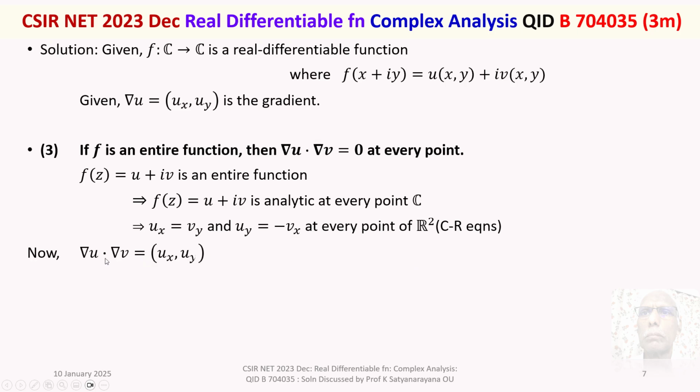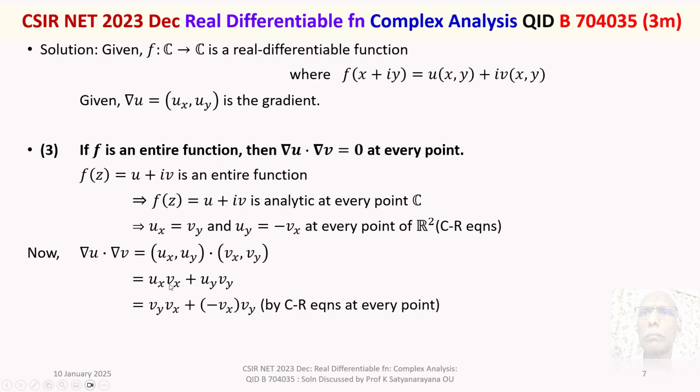These are the Cauchy-Riemann equations. Right. Now, del u dot del v. Del u is (ux, uy), an ordered pair, dot del v is (vx, vy). Take the dot product: ux vx + uy vy. Now, this is equal to ux, for which we have written vy, times vx, plus uy, for which we have written -vx, times vy.